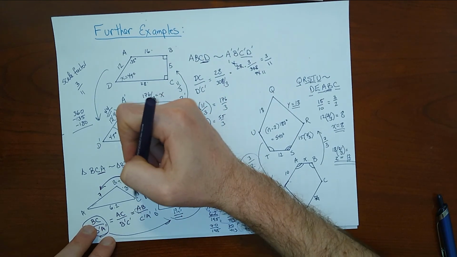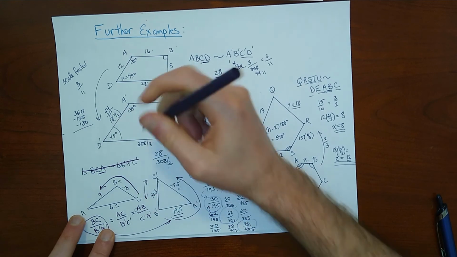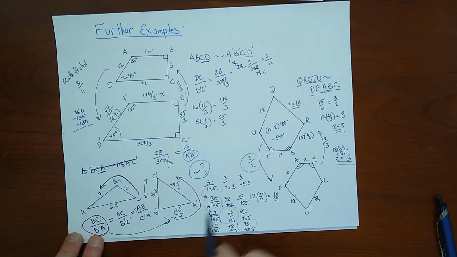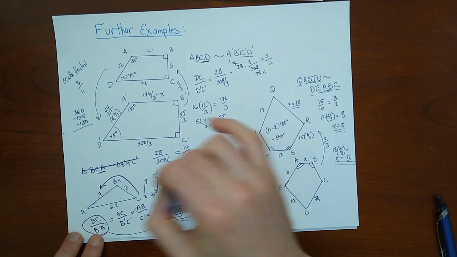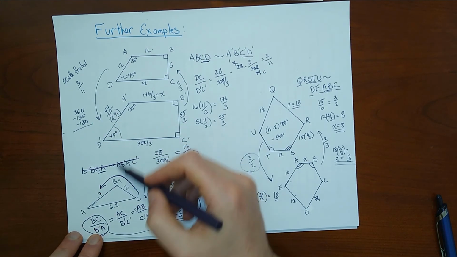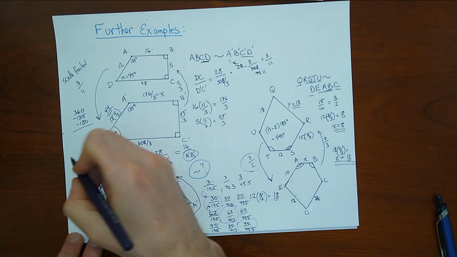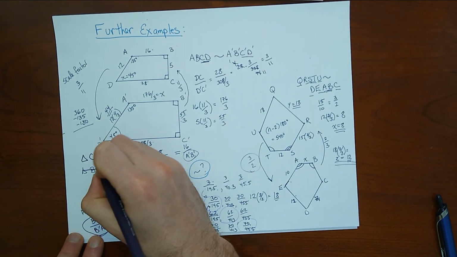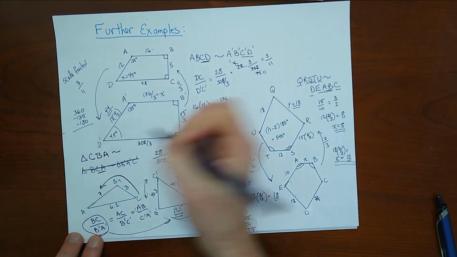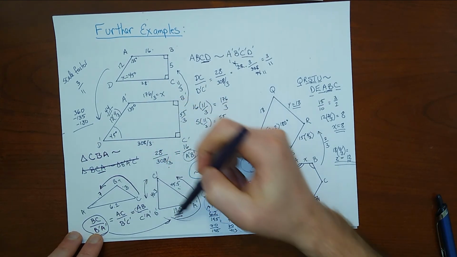So I just have to write my similarity statement in this order, okay, of this rotation around the triangle, counterclockwise in both cases. So I have CBA from the first triangle, in fact. So the first statement I had was not correct, but this is why you check.